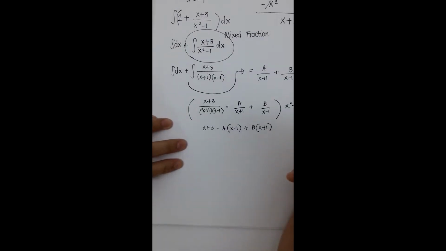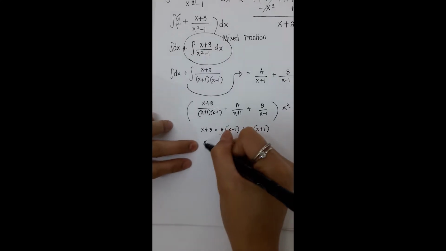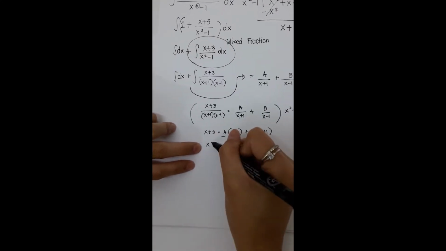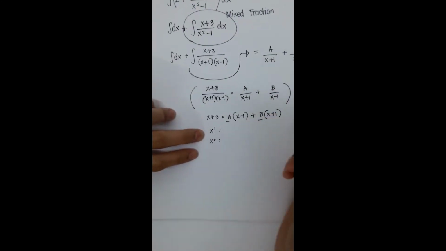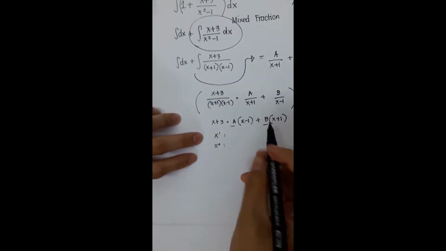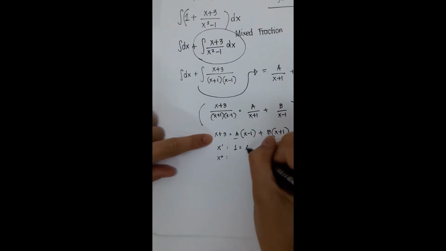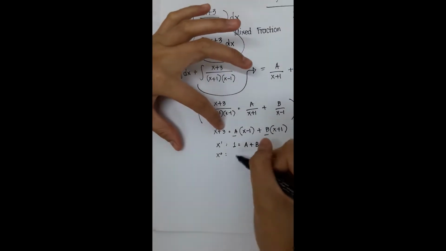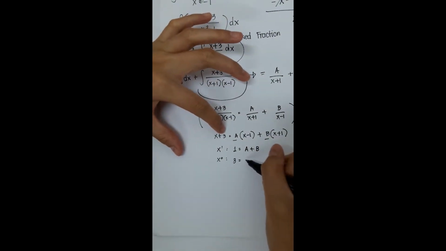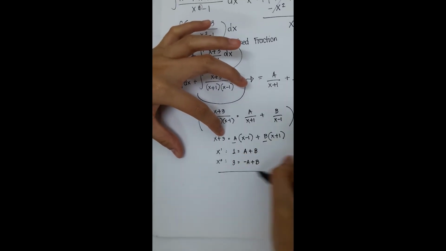And then, to find the values of a and b, we need to get the constants of the values of this x. Since your highest exponent there is x raised to 1, the constant here is 1, equal to a plus b. And then the constant here is 3. It will be equal to negative a plus b.